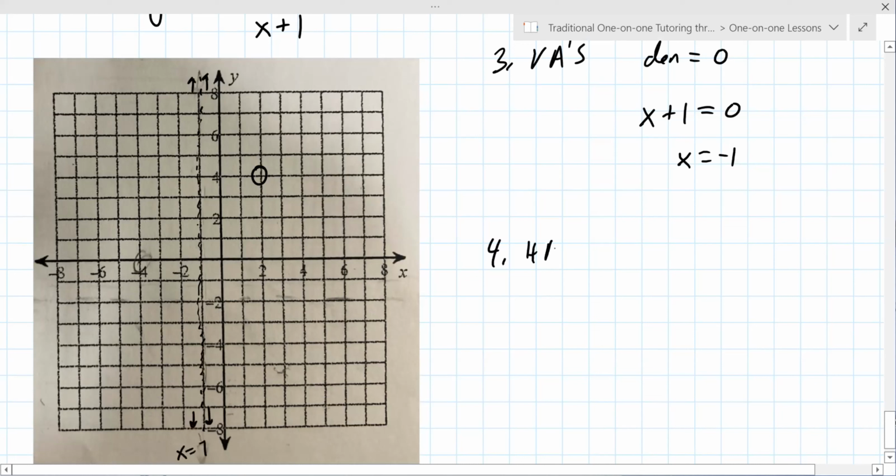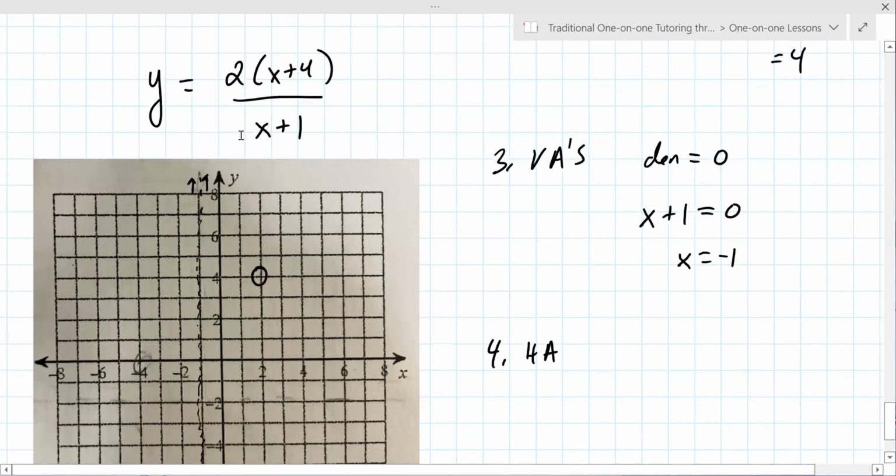Horizontal asymptote is next. Again, you look at that reduced form. Give that a try, please. y equals 2. Yes, y equals 2.